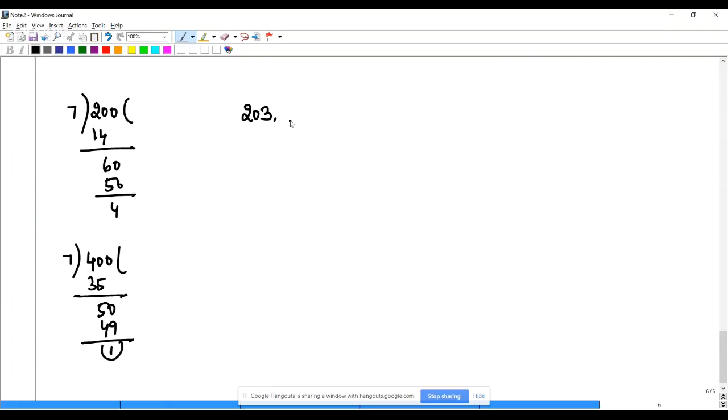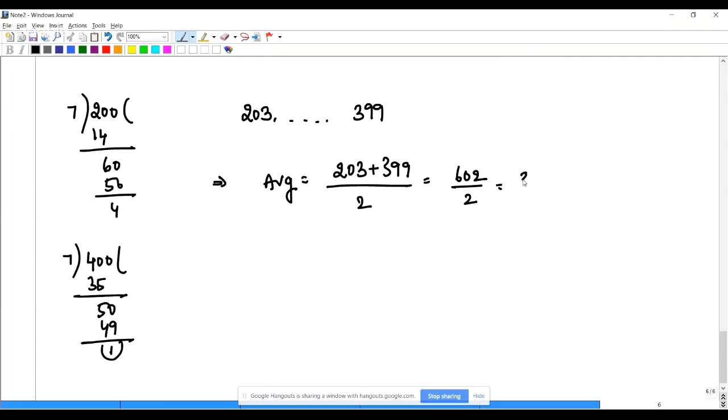So the first number is 203, and the last number is 399. In order to find the average of numbers in arithmetic progression, it is first number plus last number by 2. This is 602 by 2, which is equal to 301. So that's the average of all the integers between 200 and 400 which are exactly divisible by 7.